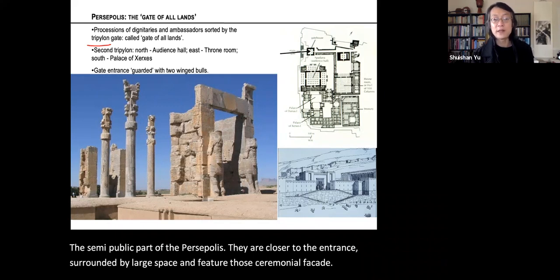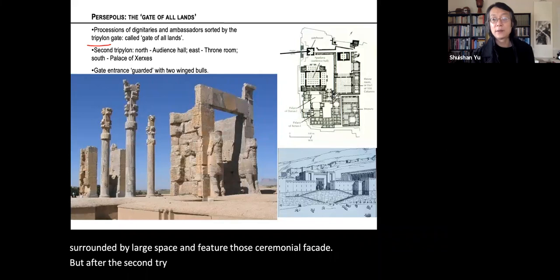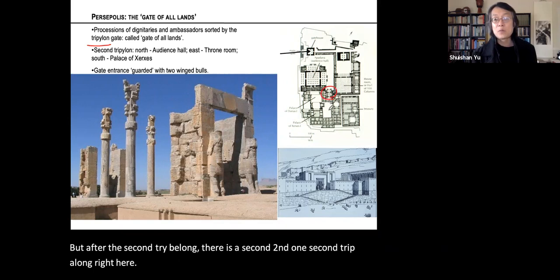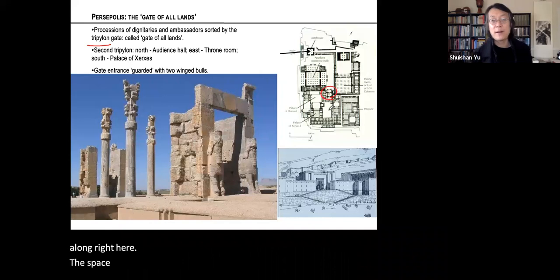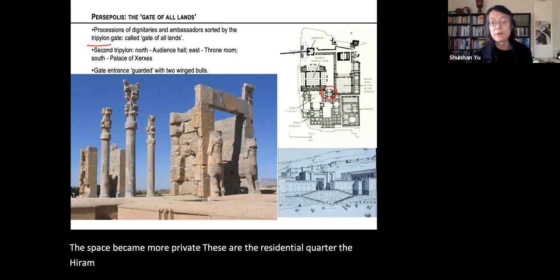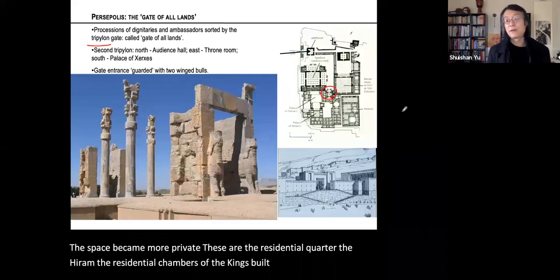But after the second tripylon, right here, the space became more private. These are the residential quarters, the harem, the residential chambers of the kings built by successive Persian kings.